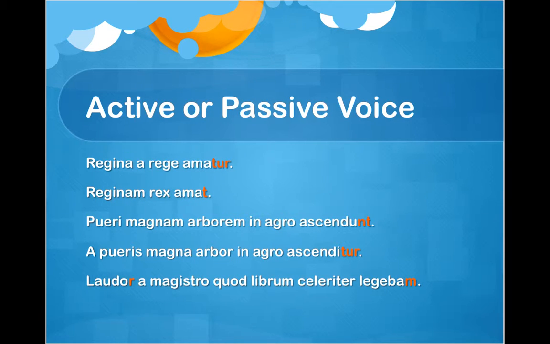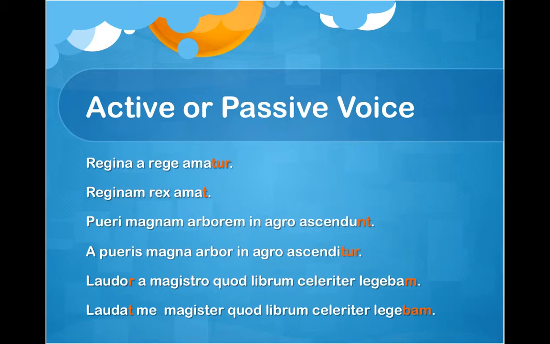In the final sentence, we see laudat me magister quod librum celeriter legebam. It's the same sentence, but this time the very first verb, laudat, ends with a T instead of an R, and that means that T is from the active voice and the subject has changed from I to he.